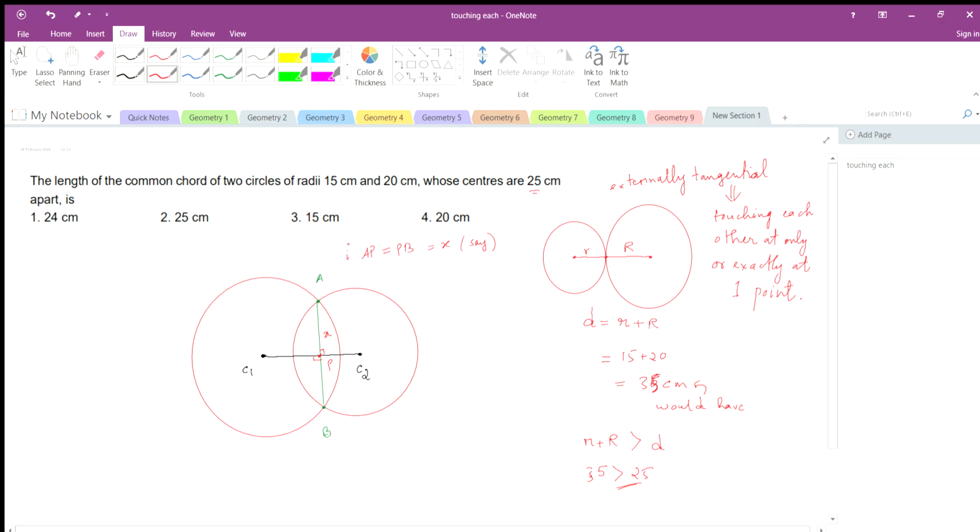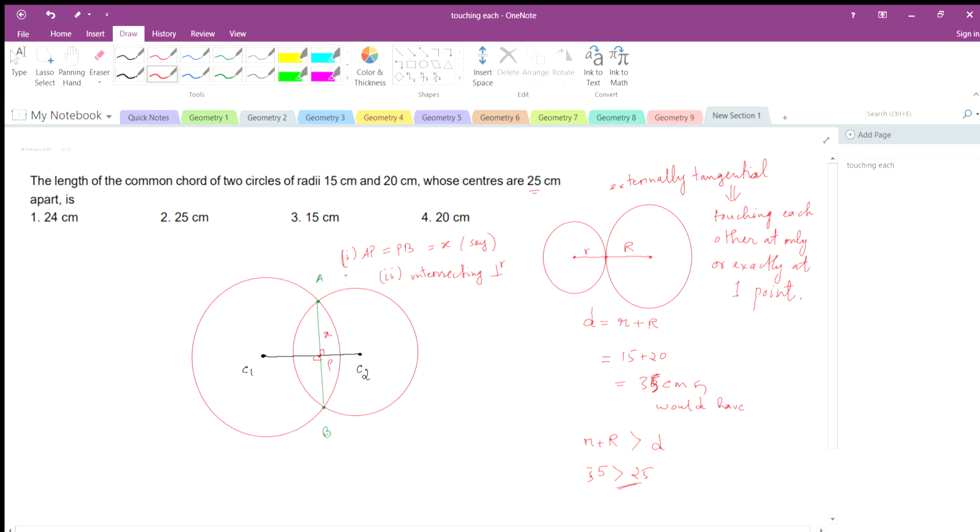This is the first thing. Second is they are intersecting perpendicularly. Now you can ask me, why is it 90 degree?